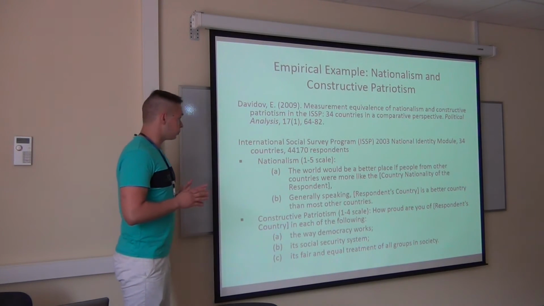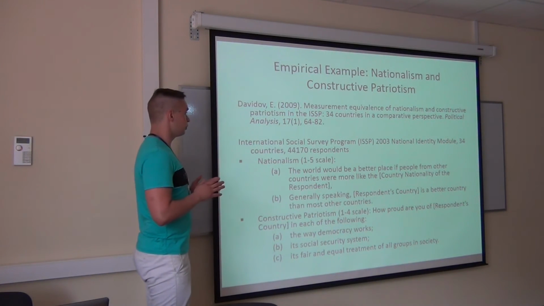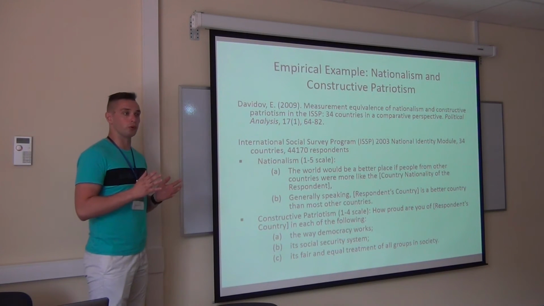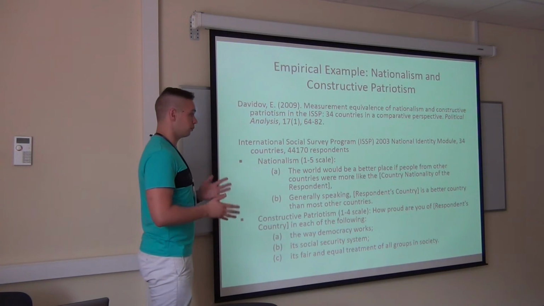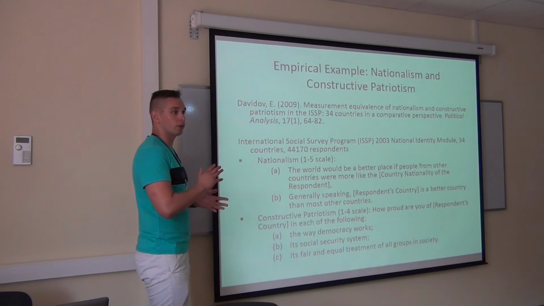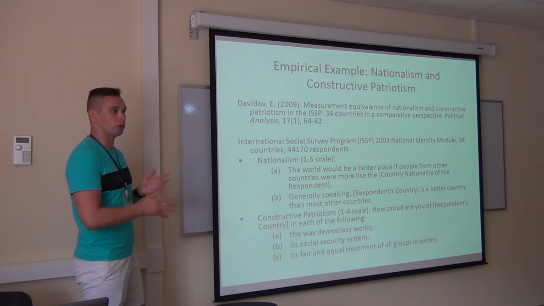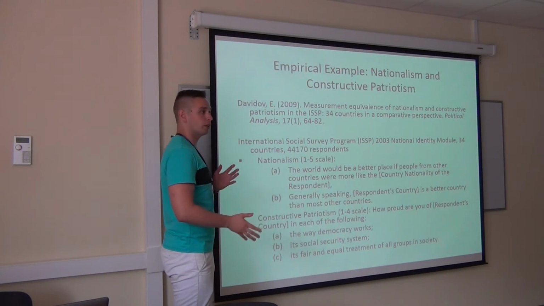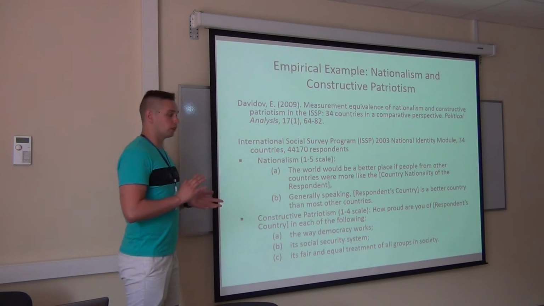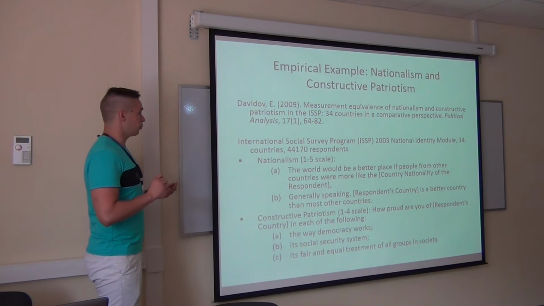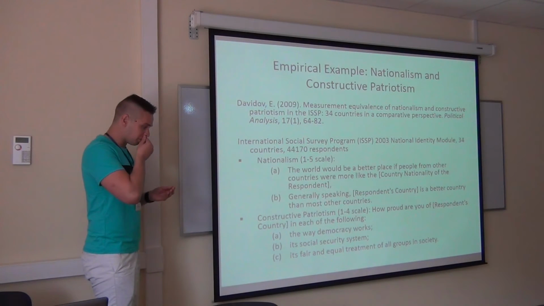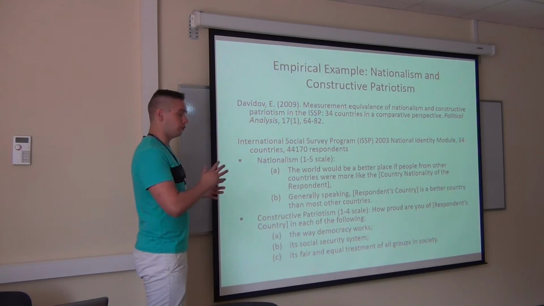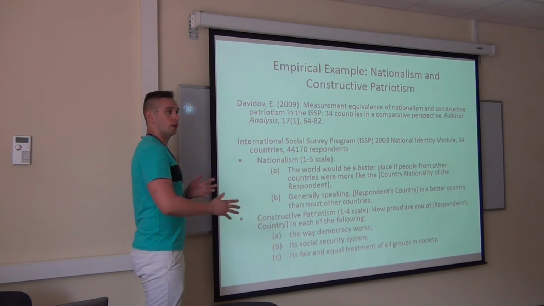The paper is based on the International Social Survey Program. Probably some of you know what this program is. It's a large cross-national survey project like the World Values Survey, European Social Survey, European Values Study, and so on. This program conducts surveys on different topics.